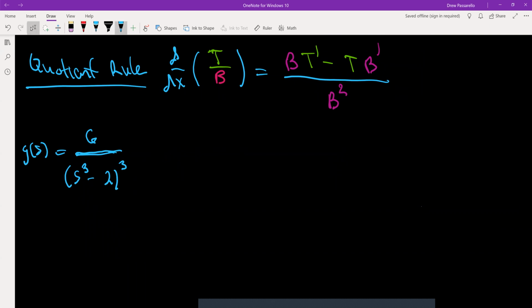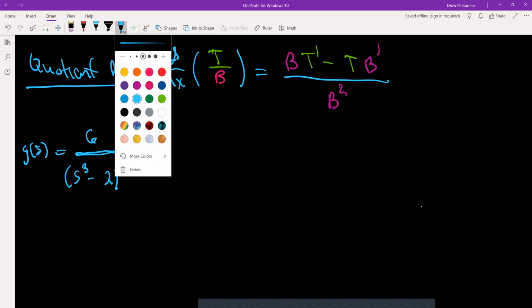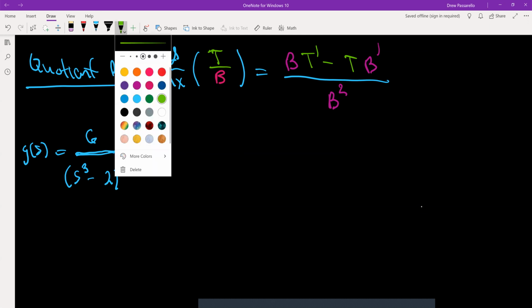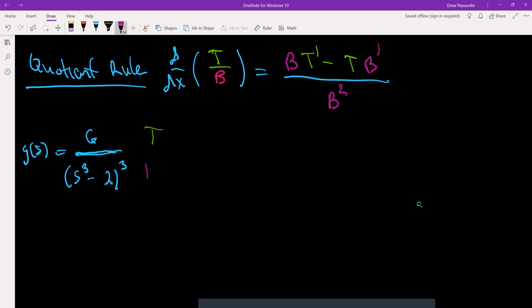So for our top function, 6, the bottom function is this whole thing, s cubed minus 2 to the 3rd power. The derivative of 6 is 0, so t prime is 0. Now our bottom function is this whole thing, s cubed minus 2 to the third power.